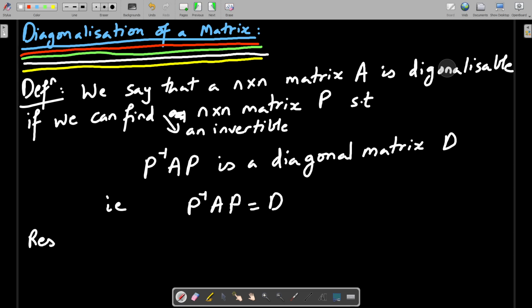Okay, these are some results which I won't prove to you. These are some advanced results, so we do them only in the BSc courses, we won't do it here. So what are the results involved here?